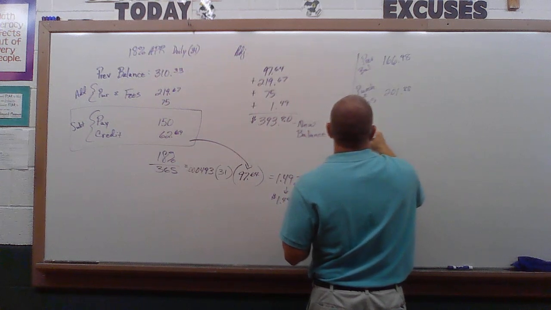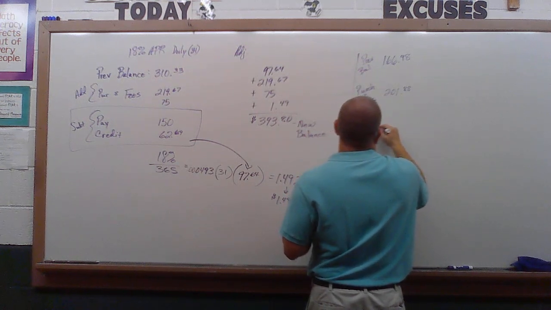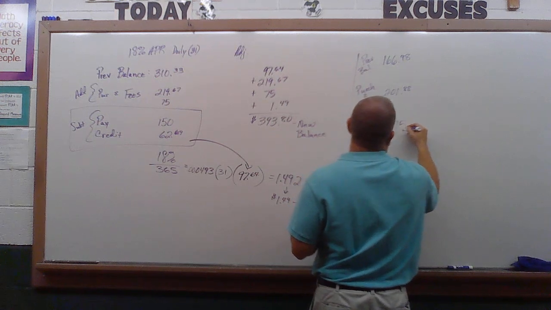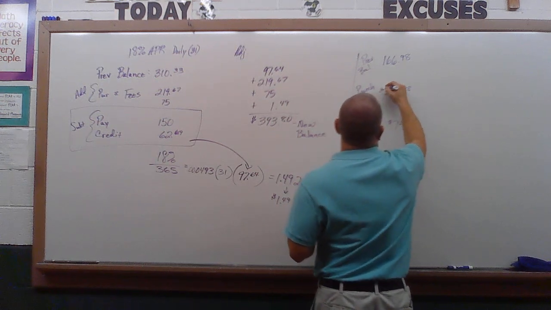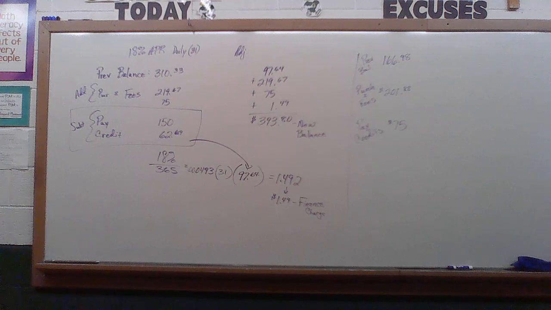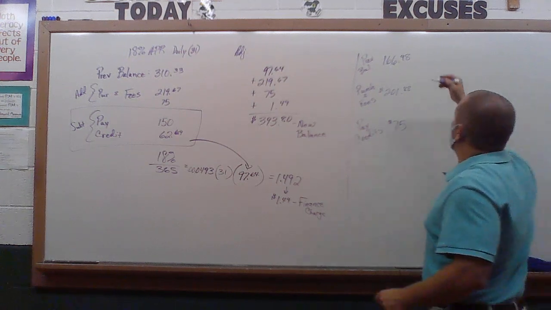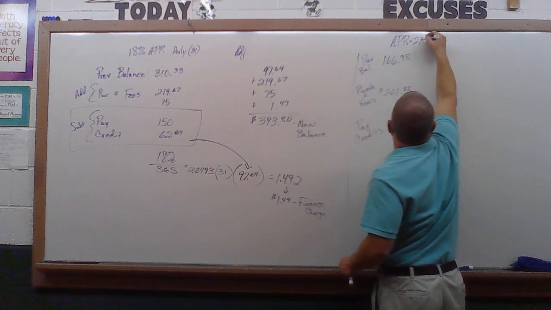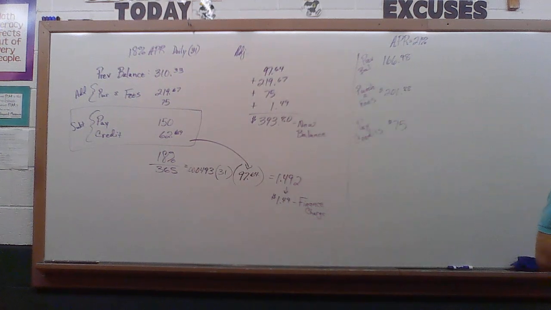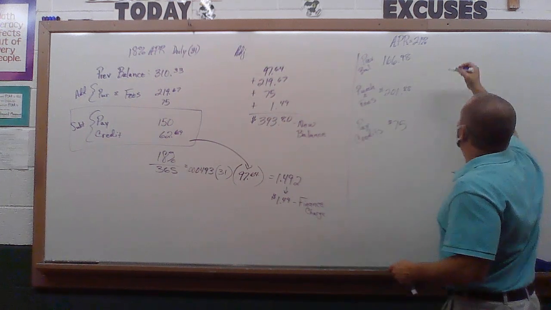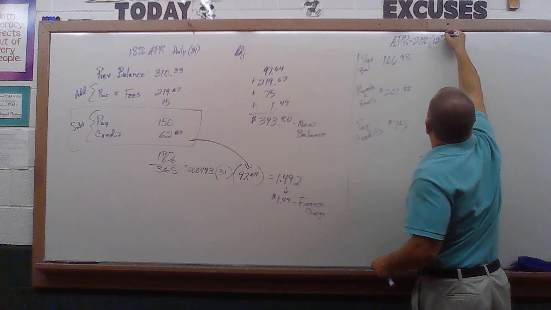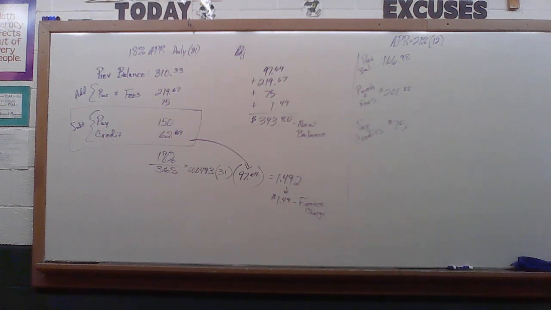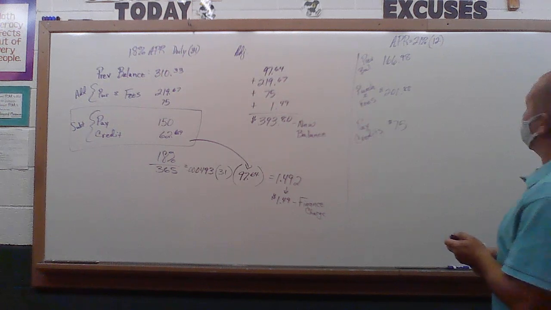Payments and credits, 75. Perfect. Okay. And then it says our APR is 21%, and we're going to do the adjusted balance method of a monthly, so we're going to use 12. And they ask what is Ricky's finance charge and new balance.